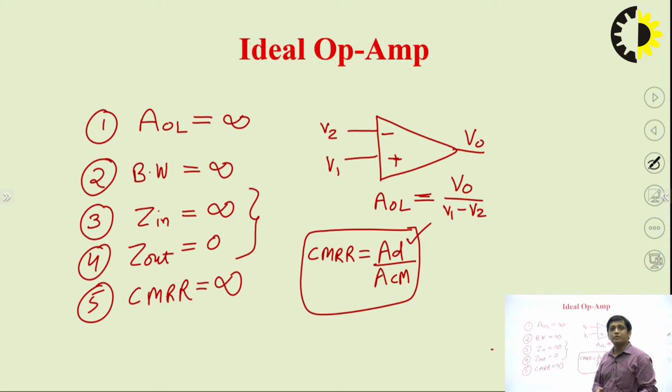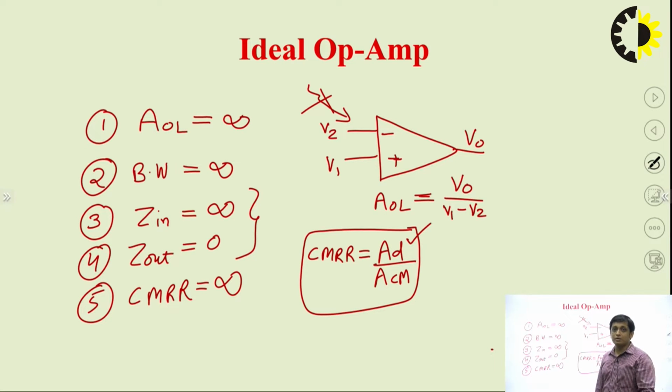This common mode signal is basically the noise signal, and of course we want the effect of noise to be minimum for any analog circuit, right? So whatever noise is added at the input should not propagate from input to output. We need to reject this noise, cancel out this noise.